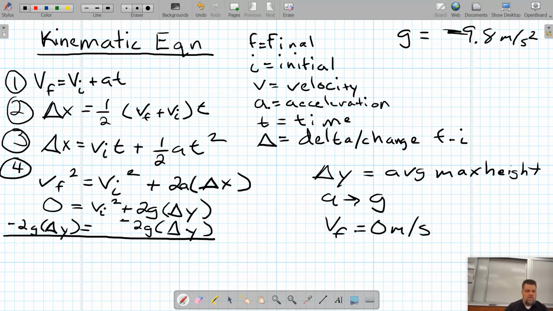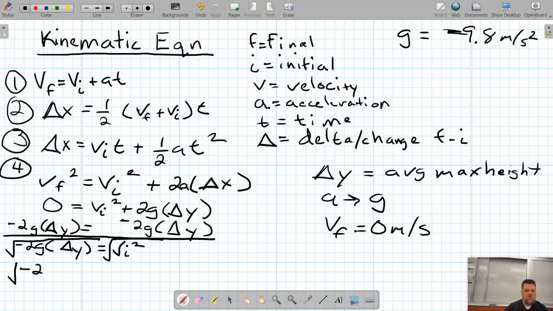So now I have negative 2g times delta y is equal to vi squared, but g is negative, so I could think of this as negative 2, and oh, I want to get the square root, right?